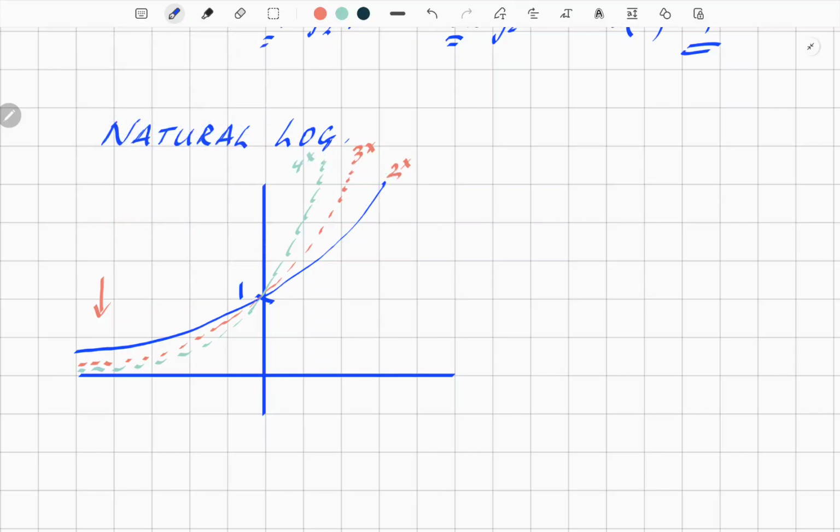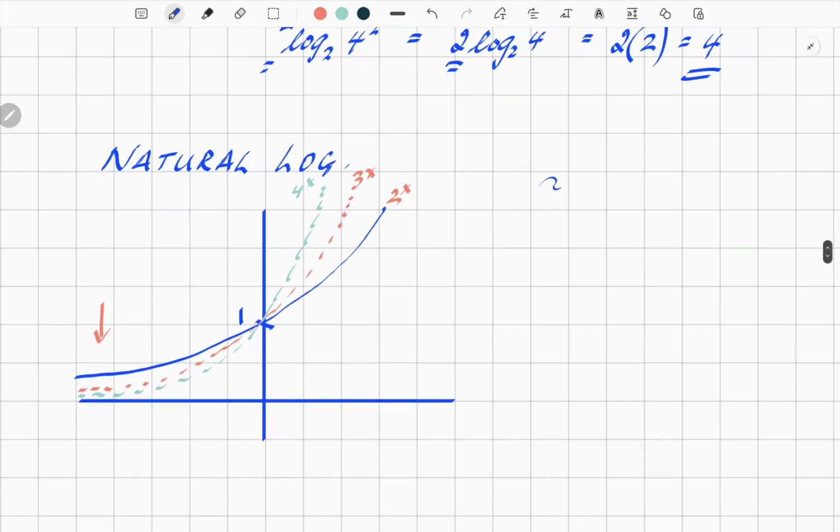In all of these numbers with the different bases, whether it's 2, 3, 4, or a gazillion, there is a special one somewhere in that range, and I will demonstrate. Obviously it goes through 1, but again it rises like that.